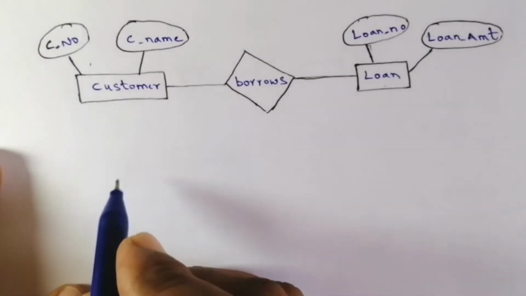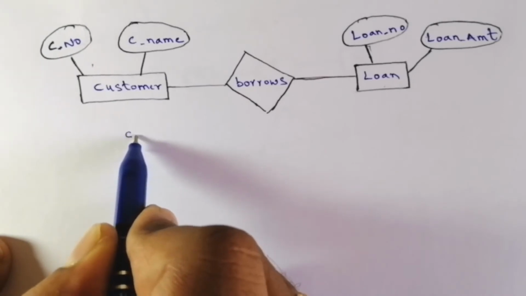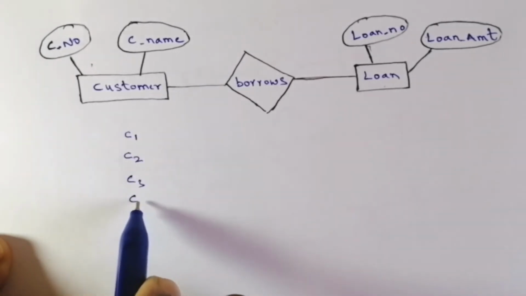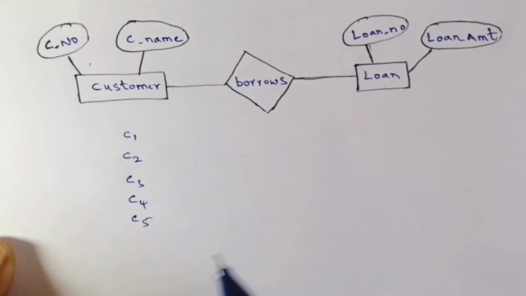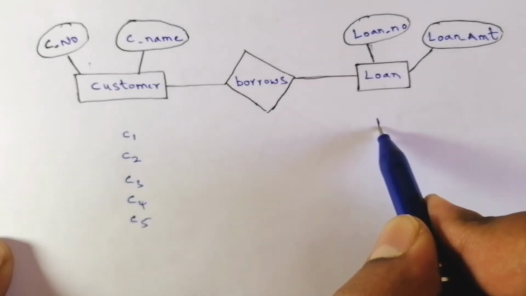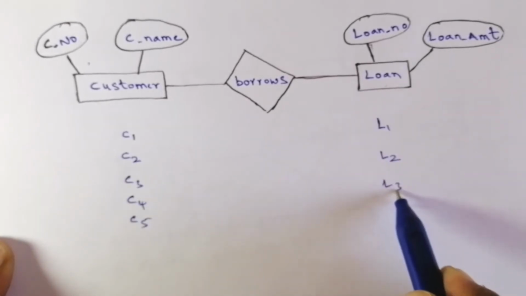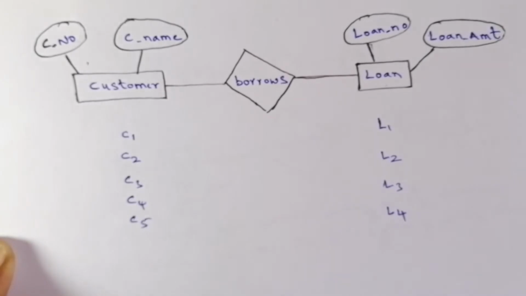So for these entity sets, let us take the possible entities. Suppose C1, C2, C3, C4, C5, right? And suppose there are four loans for a particular bank: L1, L2, L3, and L4, right?